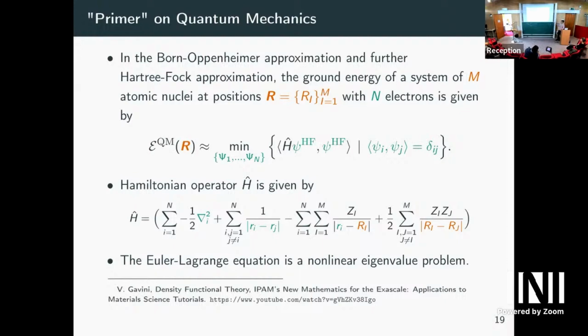And if you look at the Euler-Lagrange equation, you end up with a very nasty, very high-dimensional nonlinear eigenvalue problem. There are several approaches to it, and in particular, Vikram looks at a different approximation, density functional theory, where they use finite element methods to approximate the associated integrals. So even at that scale, you can use finite elements effectively.